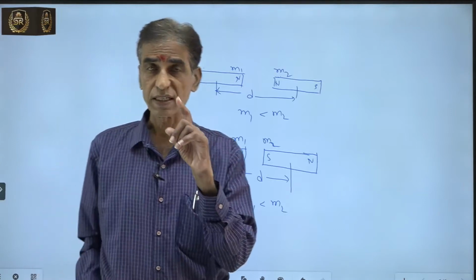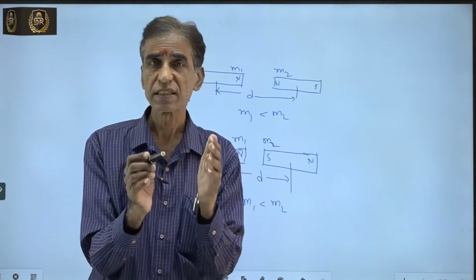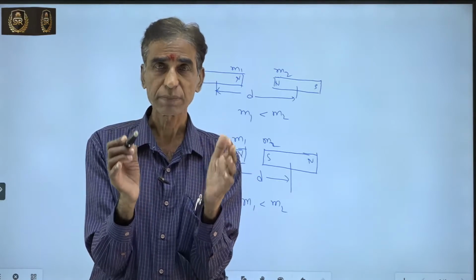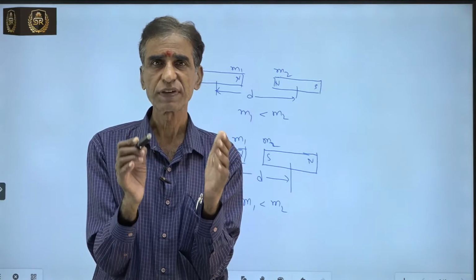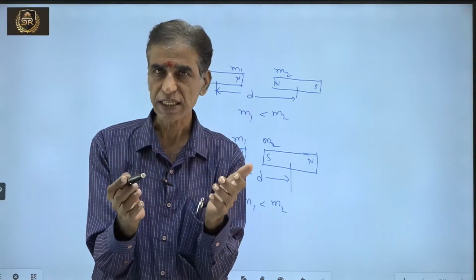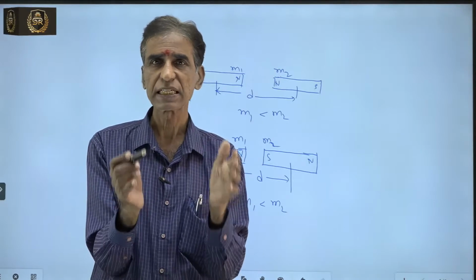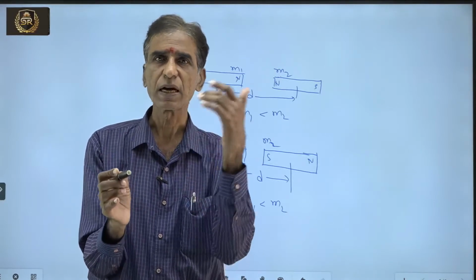Now, recall our electrostatics. When like charges are kept at a separation, we know the null point, that is the zero field point, will be between them. And when unlike charges are kept at a distance of separation d, the null point will be outside.